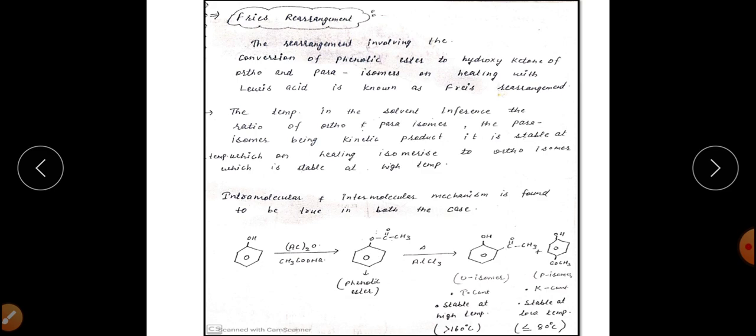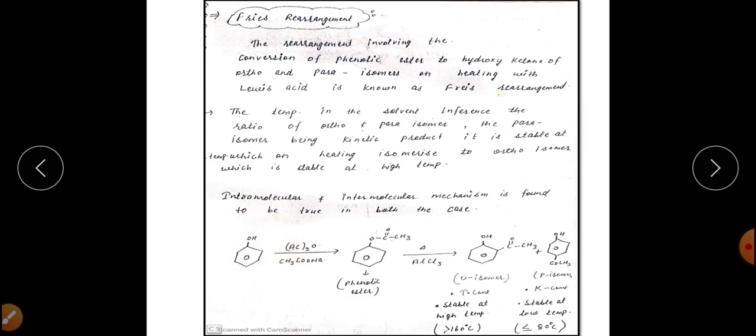Before that, I want to tell you how this phenolic ester can be synthesized, and how this is a method that can be used for conversion of this particular phenol into these two different isomers.